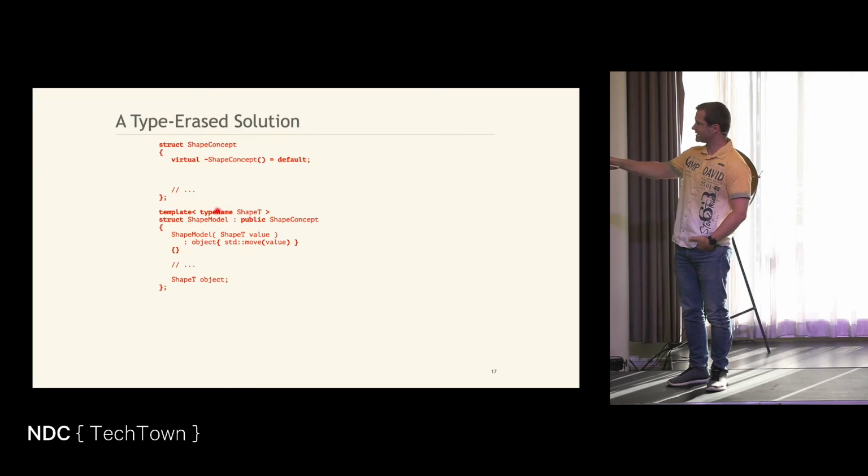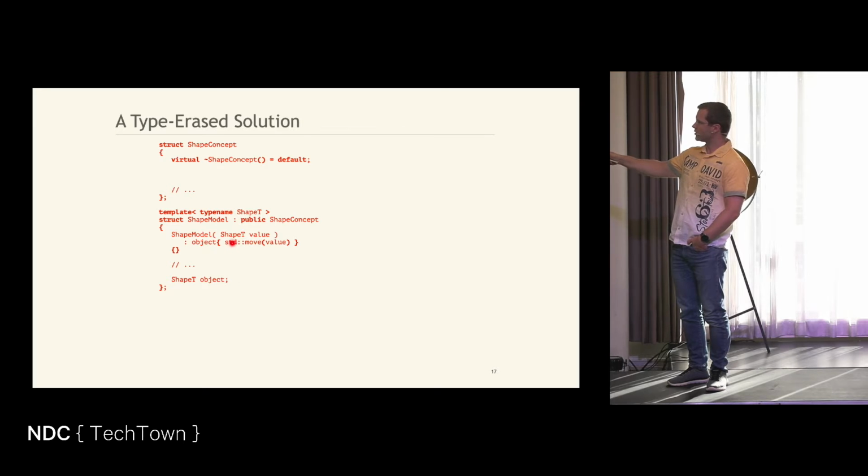So shape model is a shape concept, but it's a class template also. And as a class template, this now takes any kind of shape. This can be a circle, this can be a square, this can be a triangle, this can be any shape that you can imagine. And it stores one of these. So I now have a data member of, well, type ShapeT.